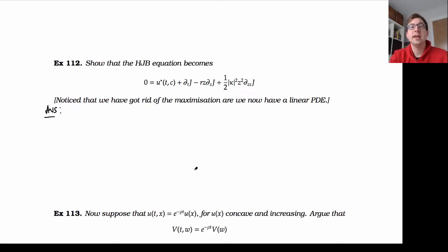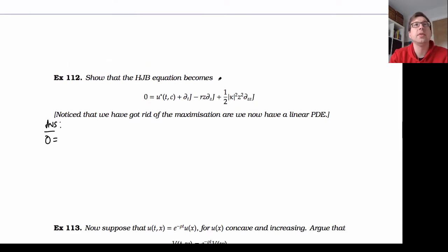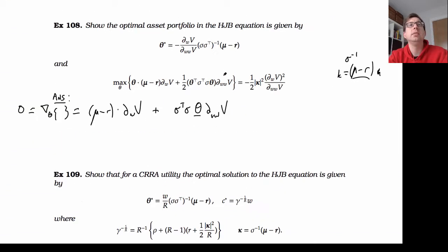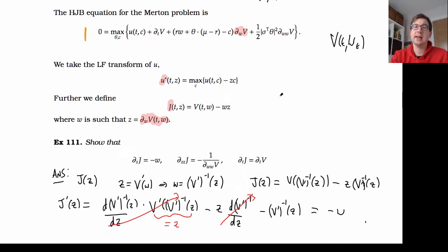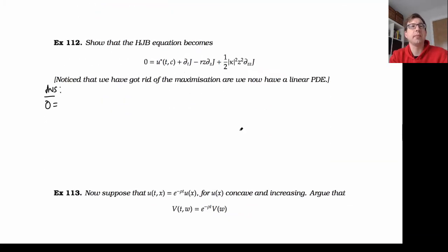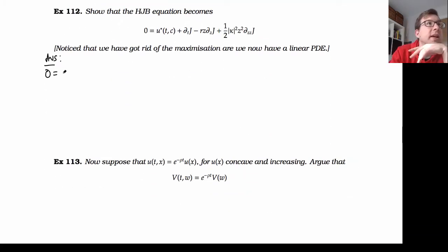Notice I can write down the HJB equation from above. Sorry, I went too far. I can write down this HJB equation again, and I'm going to collect the terms that have to do with theta and the terms that have to do with c. So that HJB equation up there is exactly this.